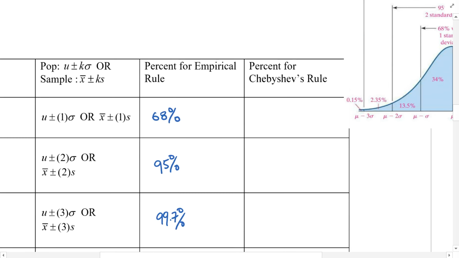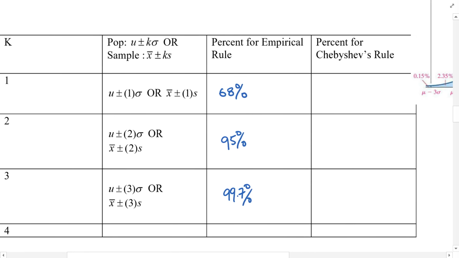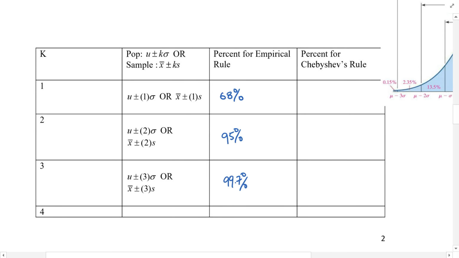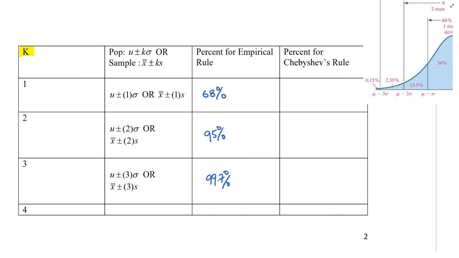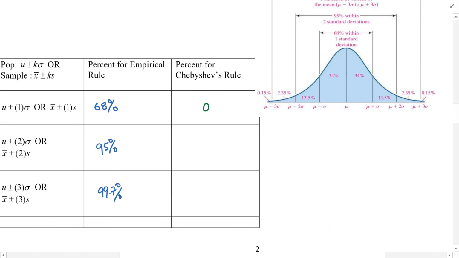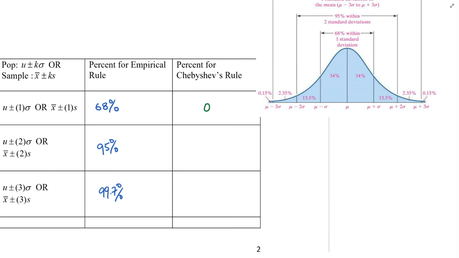Well, let's do the same thing for Chebyshev's rule. So this is k. For k equal to 1, it's just 0, so it doesn't give me much information here. For k equal to 2, let's calculate and see what happens.